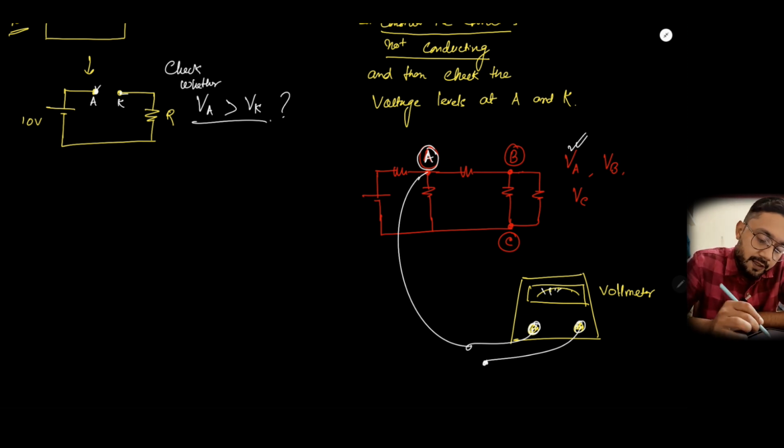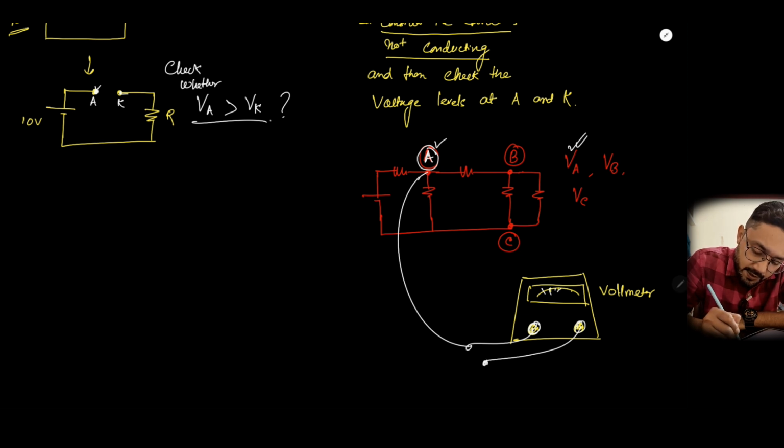So to find the voltage at node A, where do you connect the second probe? As you need two voltmeter probes connected in the circuit, there is a solution.